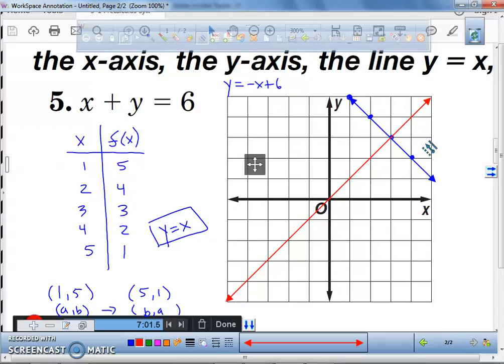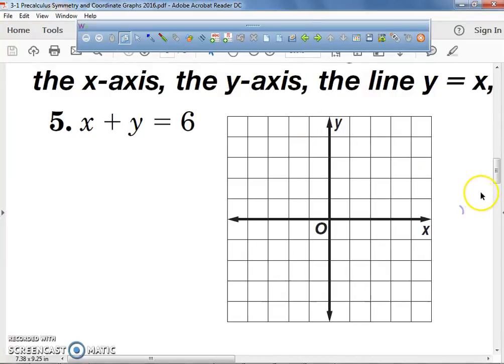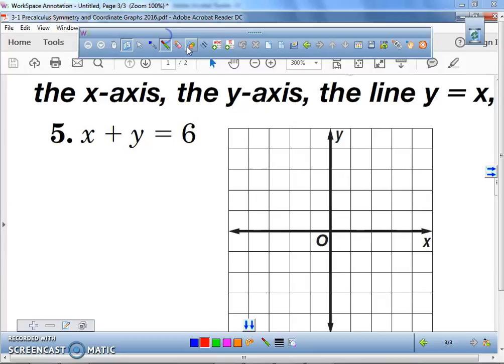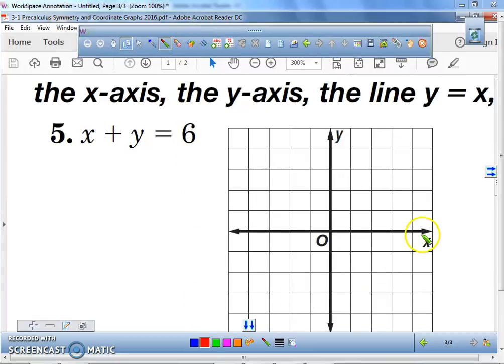Okay? So what we're going to do right now is I'm going to pause and let you try one on your own, see if you can find the rule. Use the graph, and you can also use the ordered pairs to figure out which pattern is being demonstrated. All right, so I'll let you go ahead.